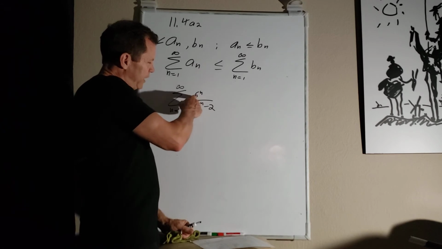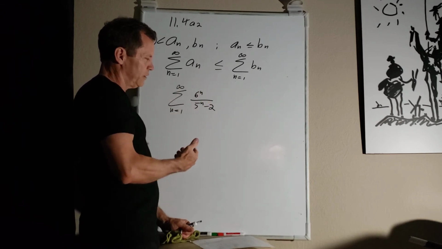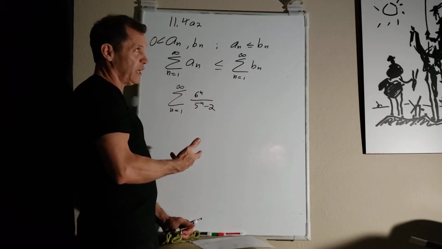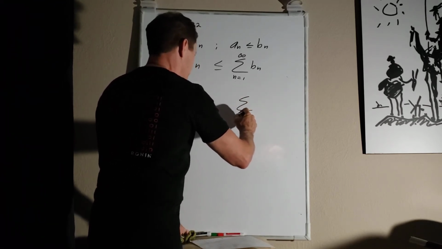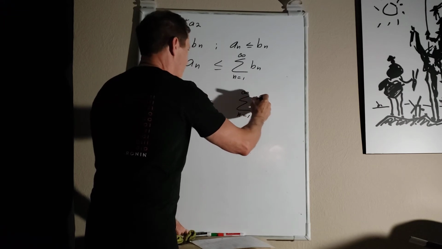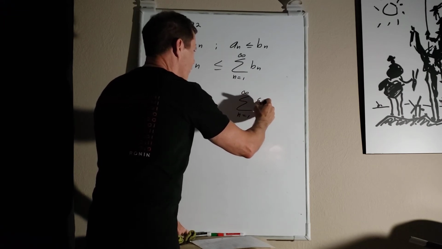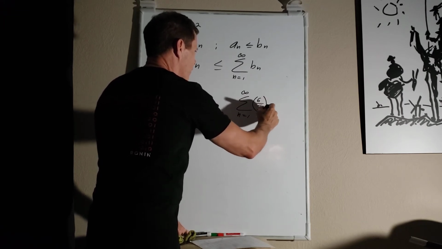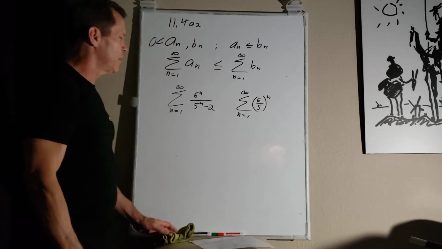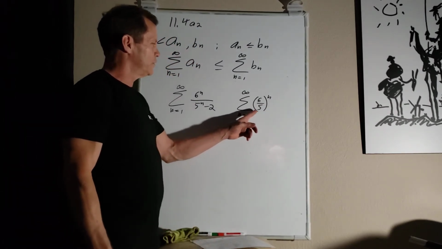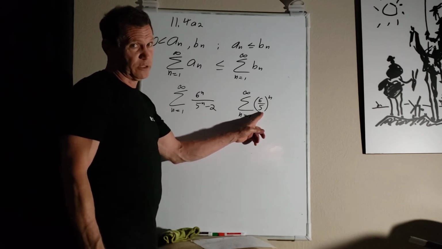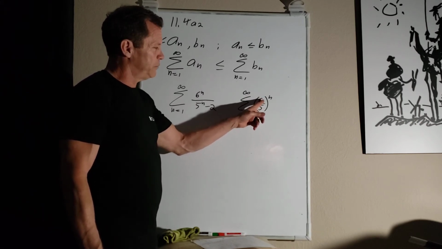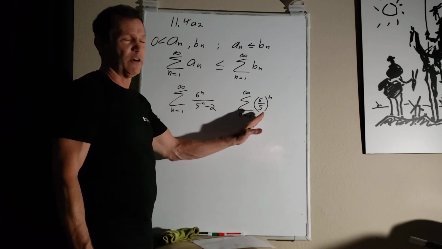Well, to me, it looks like 6 over 5 to the n. So this looks like this series to me. Does this converge or diverge? Well, that's a geometric series, and my ratio is bigger than 1, so this is going to diverge.